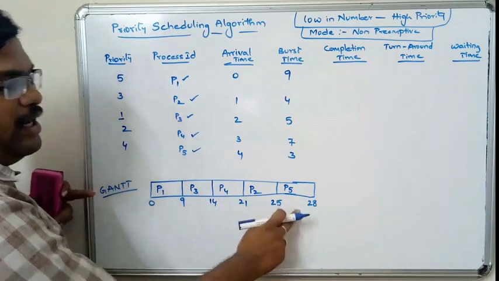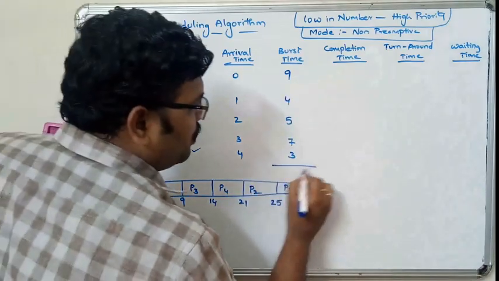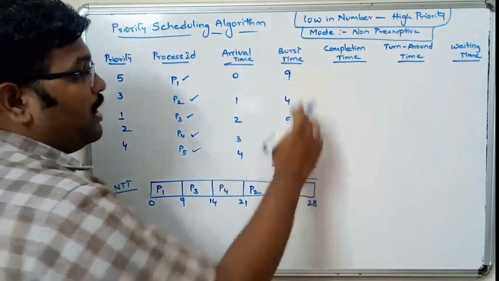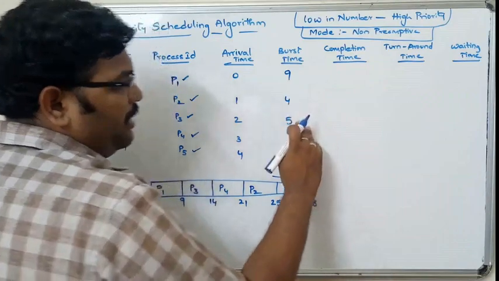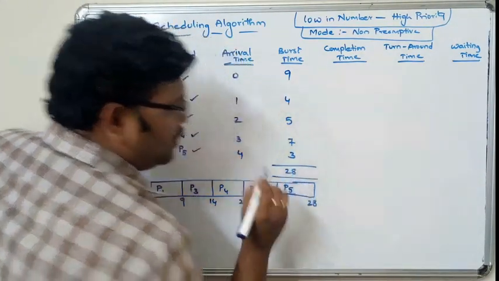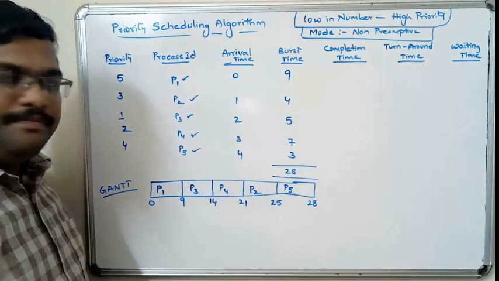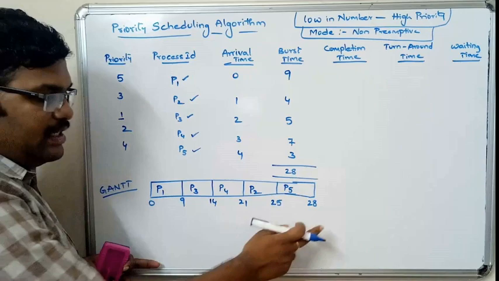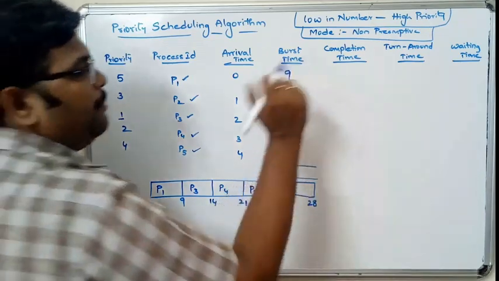So P4 is executed, then P2 and P5. If you sum all these things, we should get 28. So 9 plus 4, it's 13, 18, 25 and 28. So this Gantt chart is correct, right? Because the total time required to complete all these processes is 28.